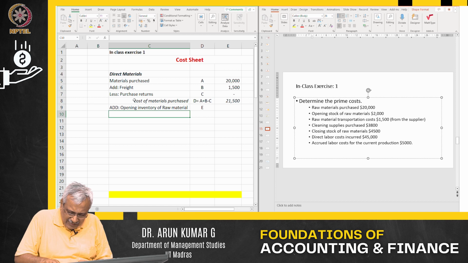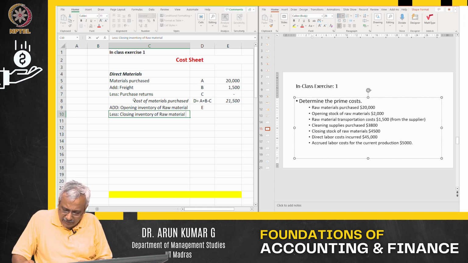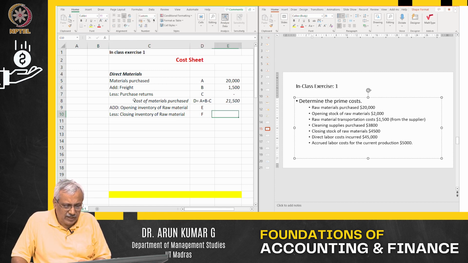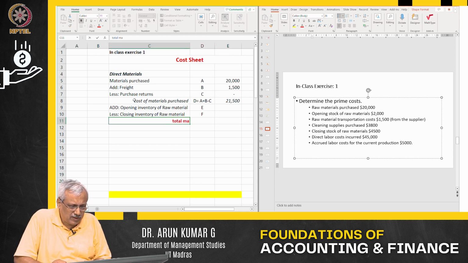I would say less, reduce the closing inventory of raw material. That is what I will term F out here. So, what is the final figure, material consumed?